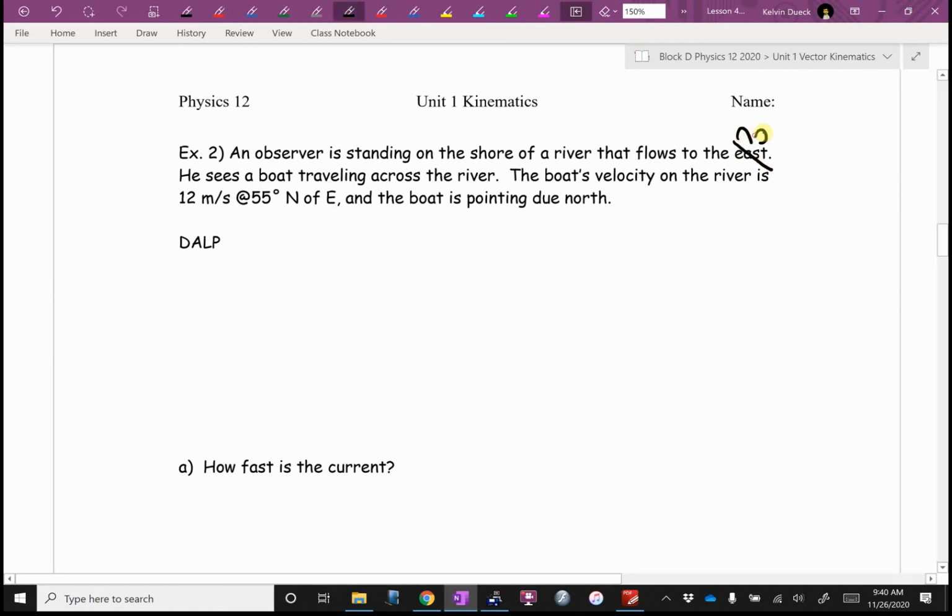Cross out the word east. Let's make it north. That's step one. And then the boat's velocity on the river, instead of north of east, let's make it east of north. And the boat is pointing due east.